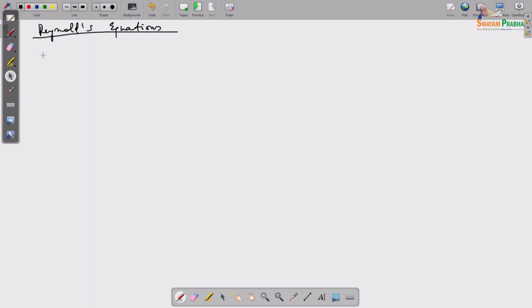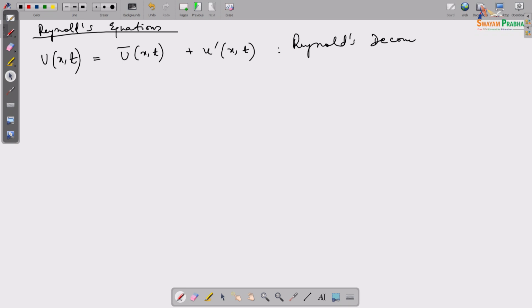So the velocity we wrote down as, this is the Reynolds decomposition, and then of course you have the continuity, momentum and energy equations.